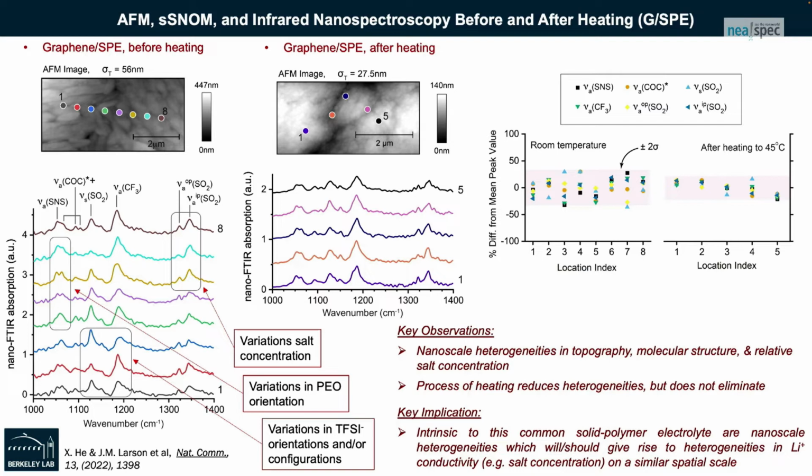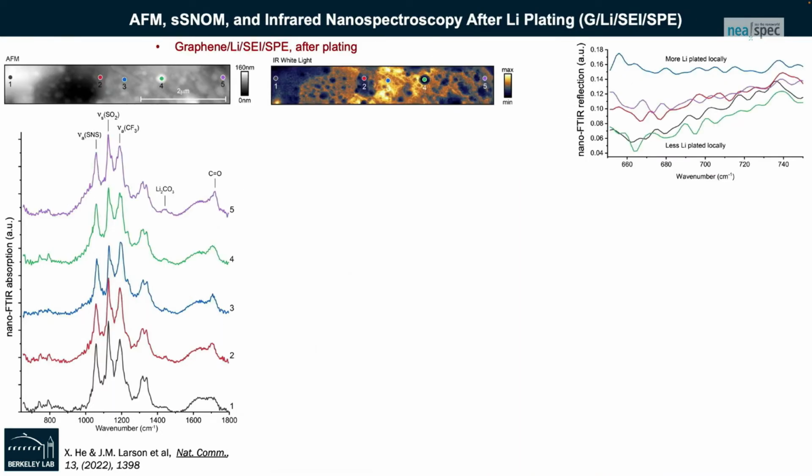And when we look at the interface post-plating, that's precisely what we find. We find it's heterogeneous both in structure and in white light imaging. You can see that there's a lot of contrast in the white light image, which we attribute to nanoscale heterogeneities in lithium plating.